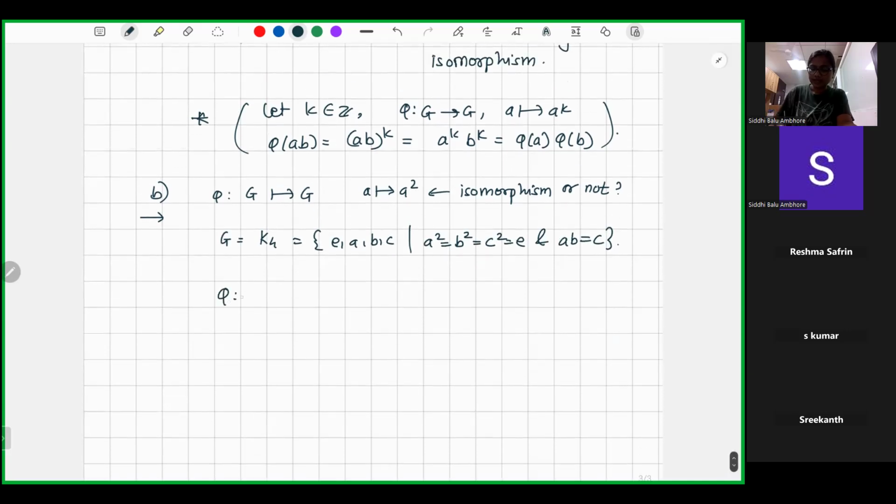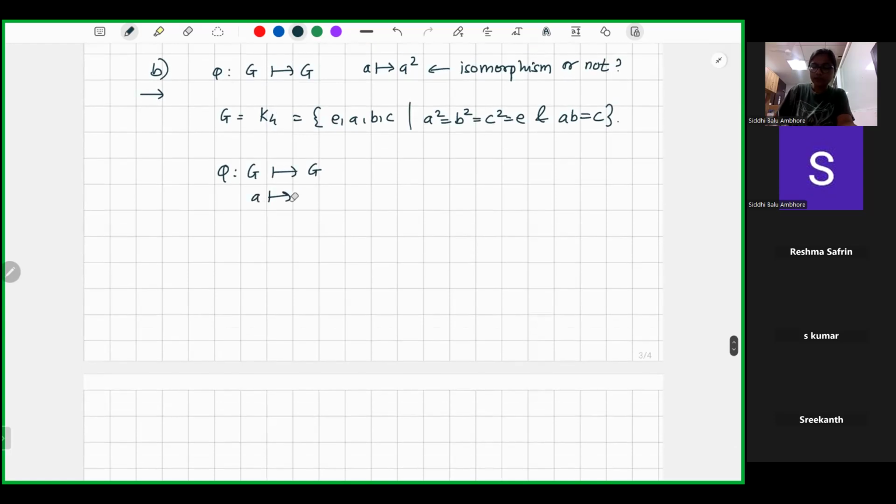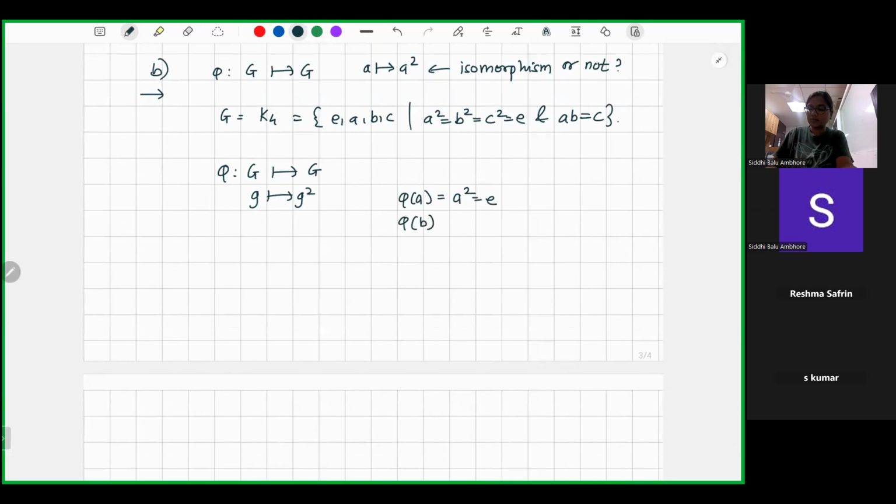Then if I take phi from G to G, a going to a square, then phi of a is a square, which is e, phi of b is b square, which is e, phi of c is c square, that is e, and phi of e will be e anyway. So this is definitely not an isomorphism.